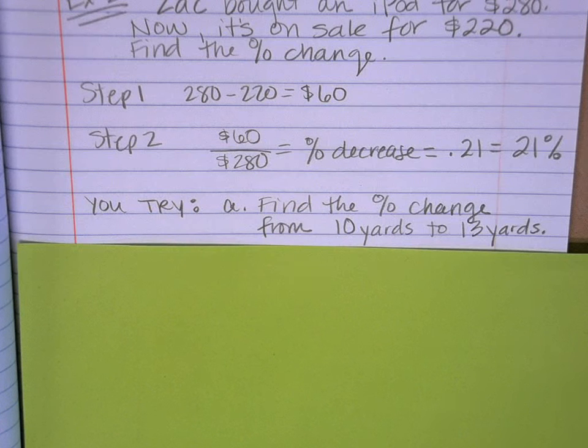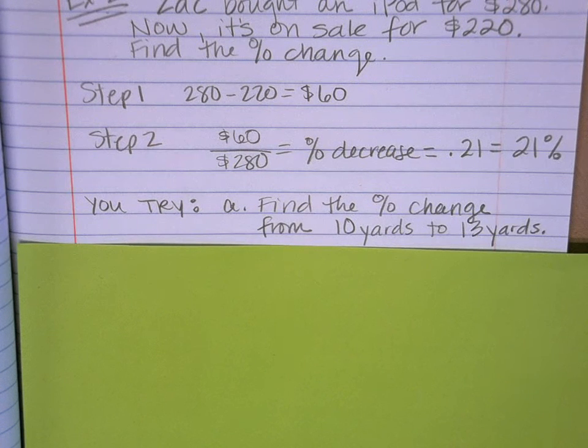Raise your hand if you got 30%. Good. So, what's the first step? We subtract. So what's 13 minus 10? 3. What's the original amount? 10. So what's 3 divided by 10? 0.3, which is 30%.